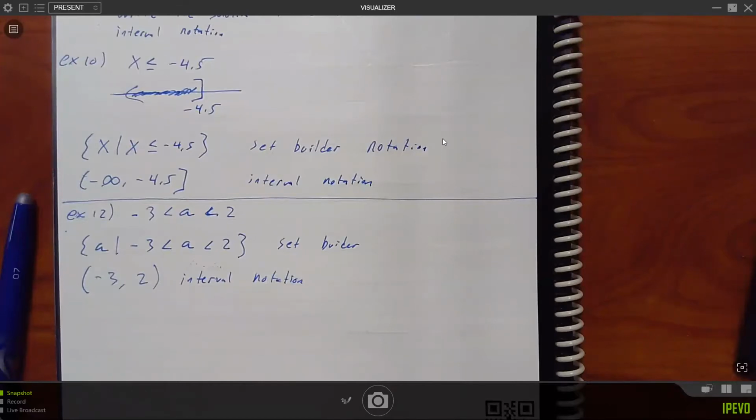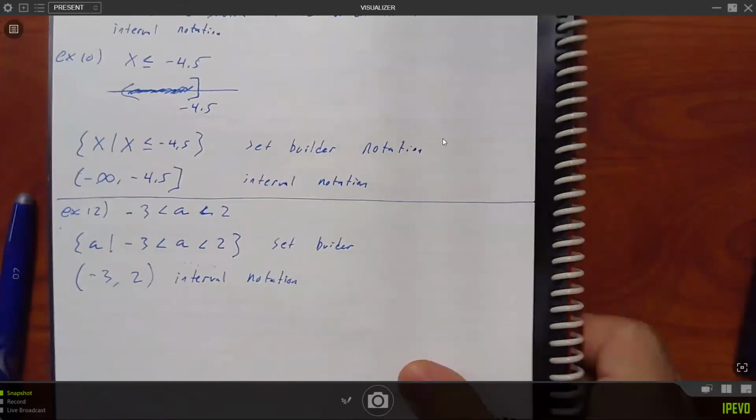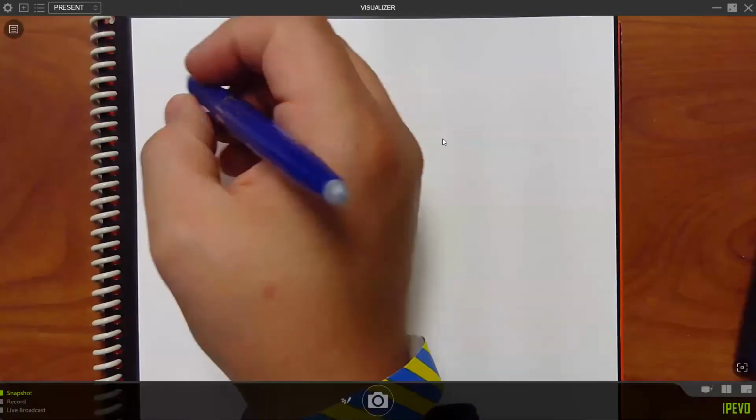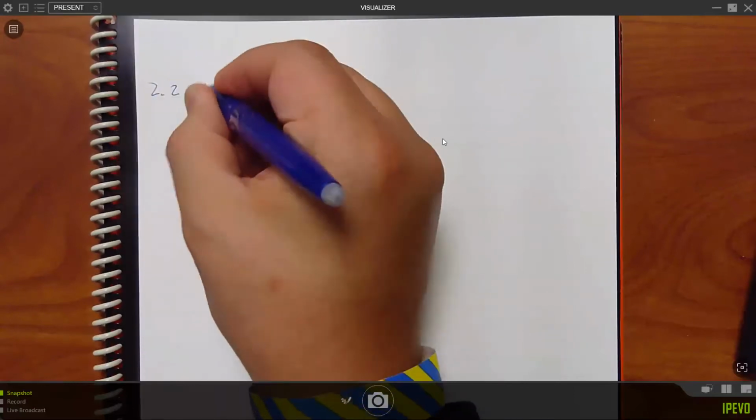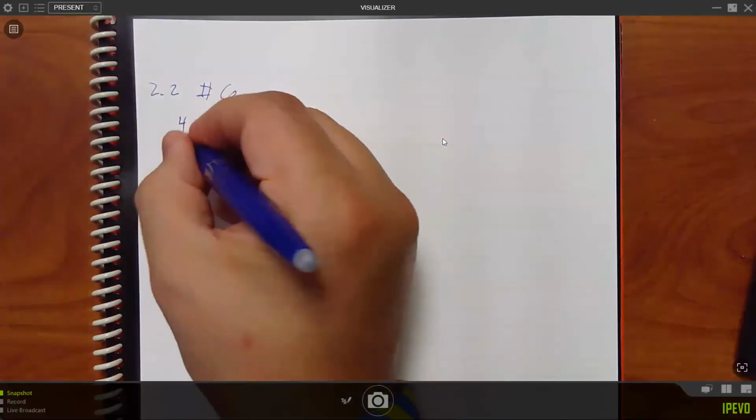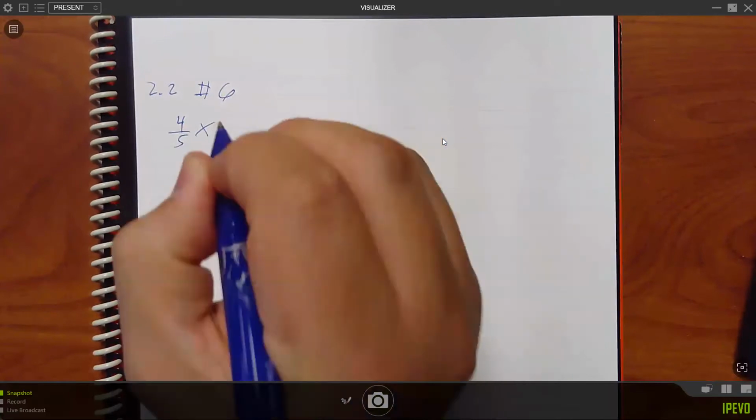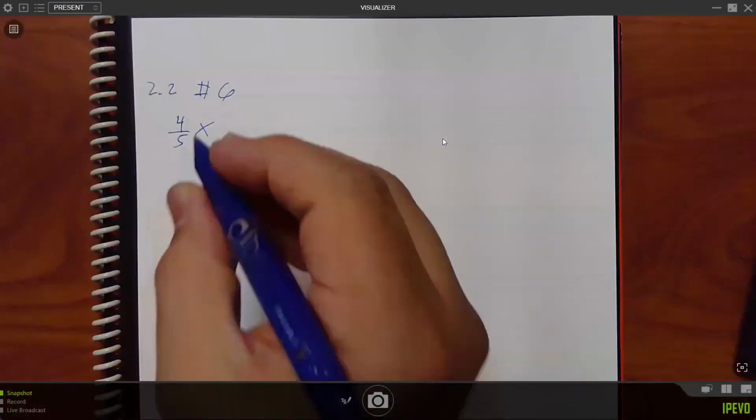All right, so next time. Actually, I have a problem. Yeah, okay. What is it? What number, what's the problem? 4/5 x equals 24.